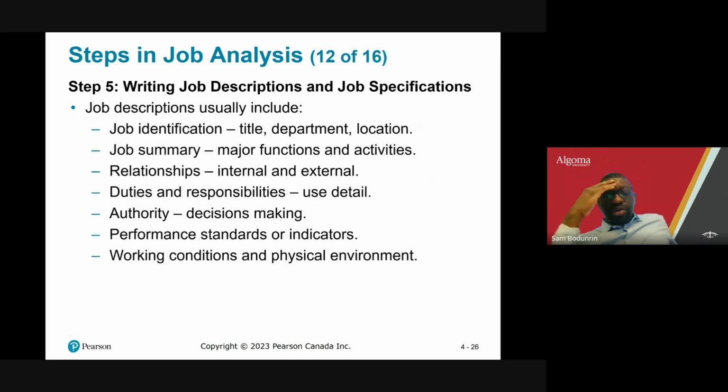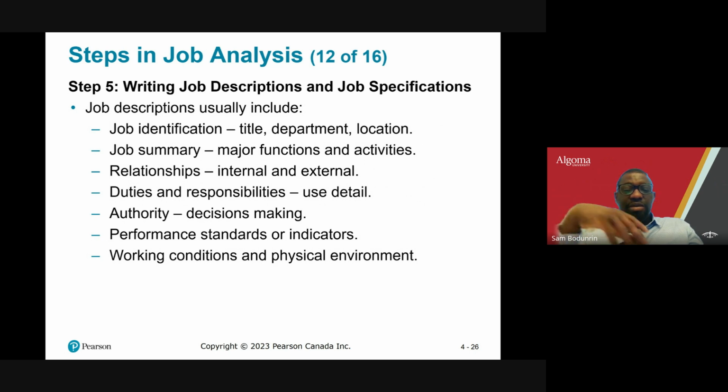So job description usually carries some of these features that we have on the screen. Under the job description, we have job identification that talks about the title, department, and location. Job summary, major and minor functions of the job activities, relationship with internal and external stakeholders, such as managers, other managers, CEOs, CFOs, COO, and for external, government agencies, and all of that.